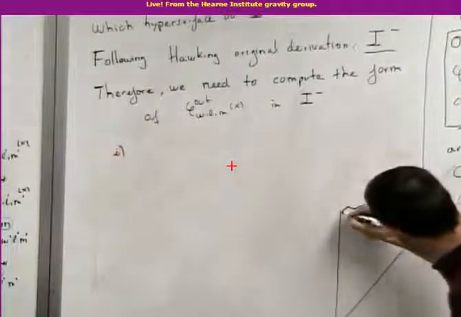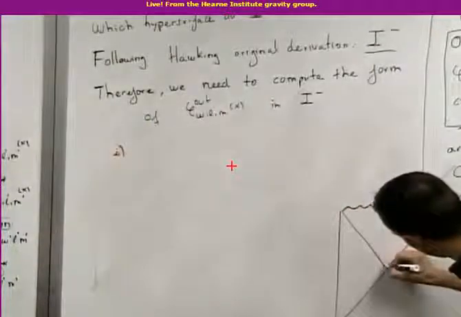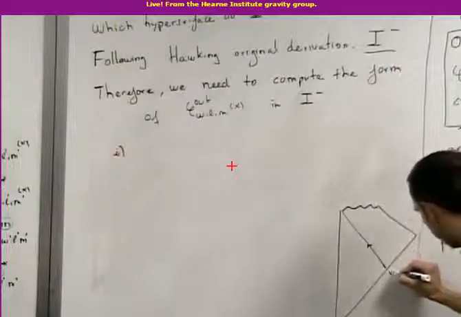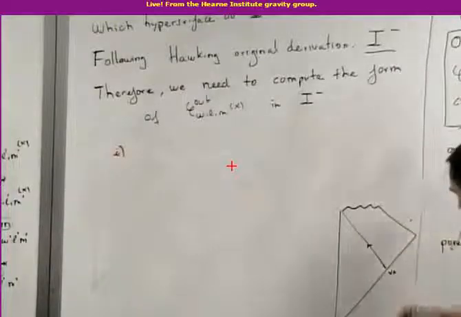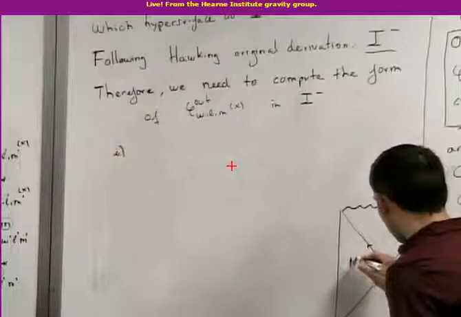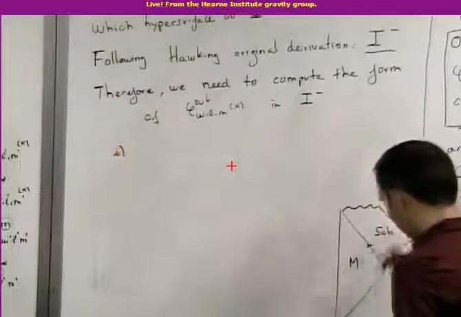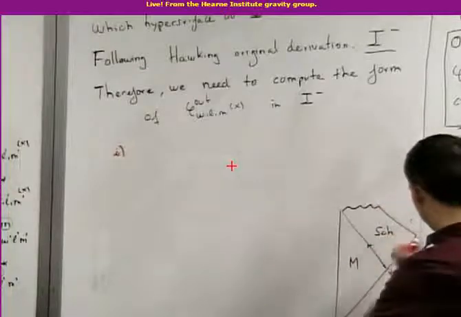Remember, we have the ray producing the black hole, the null ray at V naught. This is what separates the Minkowski region from the Schwarzschild region, that line. And we have the horizon here.